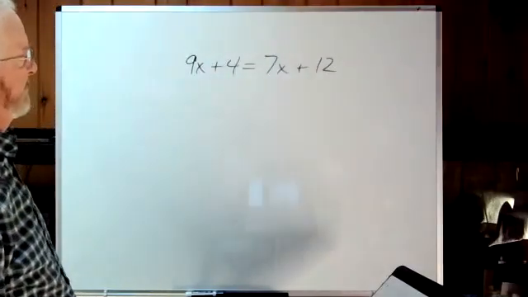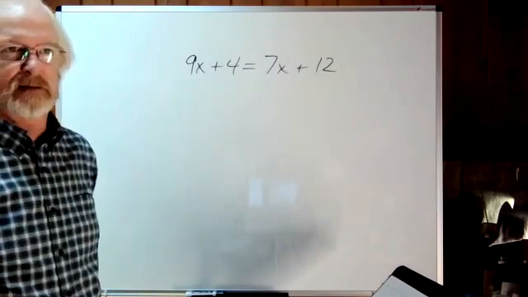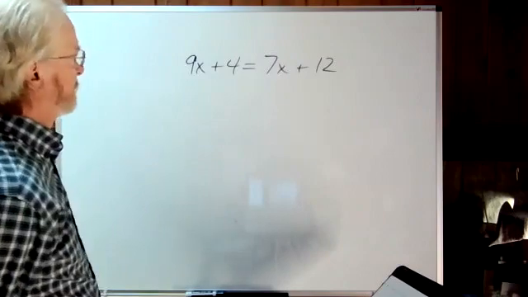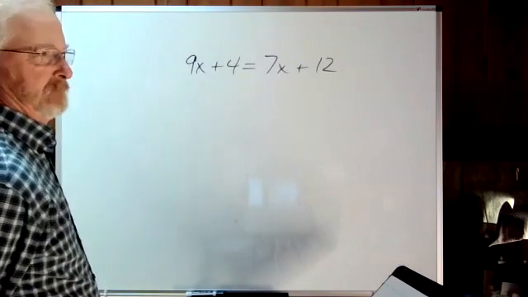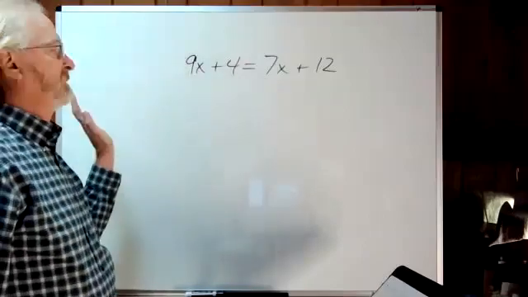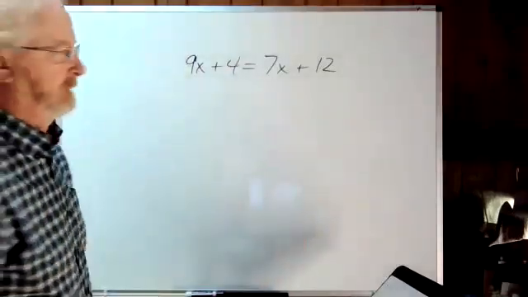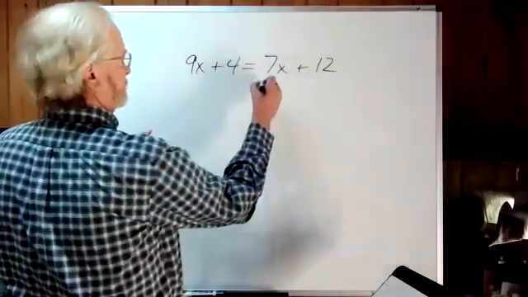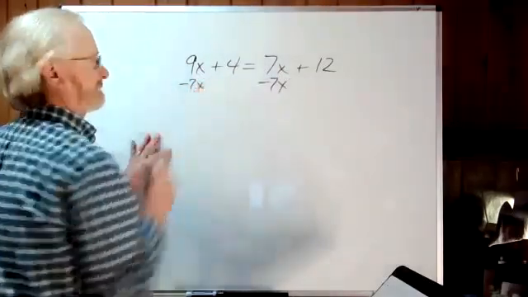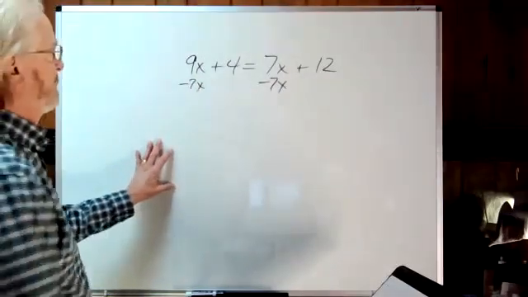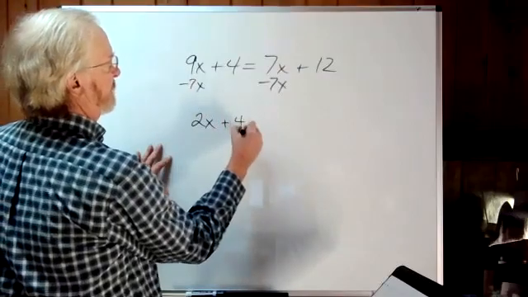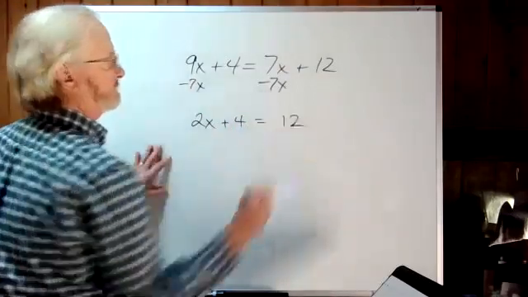Anyway, here we go. Same thing. I've got constants on both sides and variables on both sides. Well, totally arbitrary. I think I'll move my x's to the left and move my constants to the right. So subtract these 7 x's. Over here, that leaves me 2 x's plus 4 equals 12.